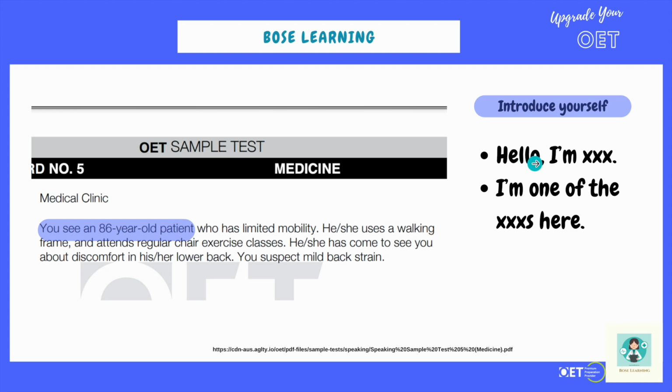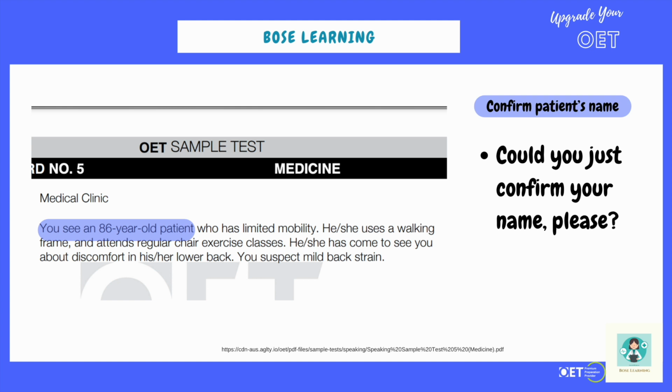And you could say something like, hello, and give your name, and then go on to explain your role. I'm one of the doctors here. I'm one of the physiotherapists here, whatever your role happens to be. So greet the patient, give them your name, and then your job description so they know exactly who they are dealing with.